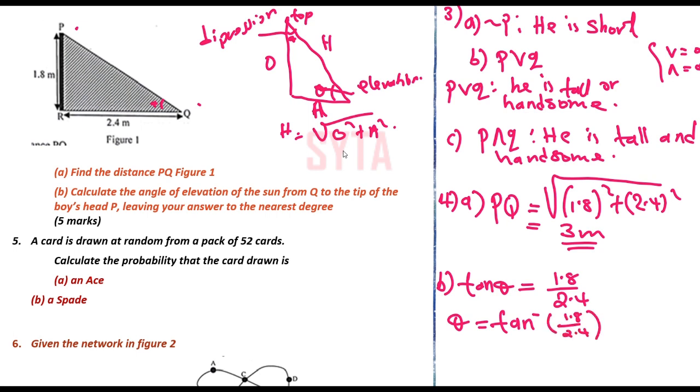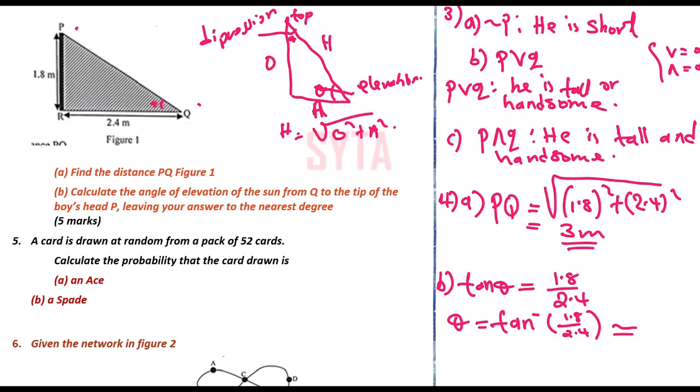And so if we do this, we are going to have a value to the nearest degree. Let me just take time here and punch tan inverse of 1.8 divided by 2.4.